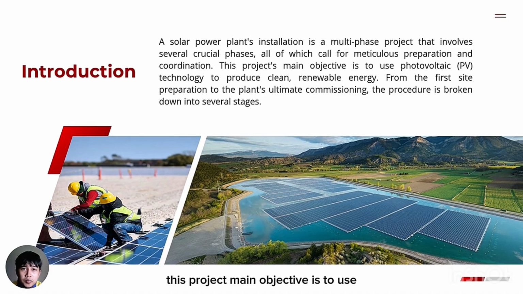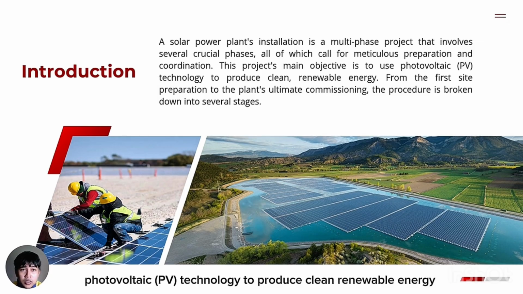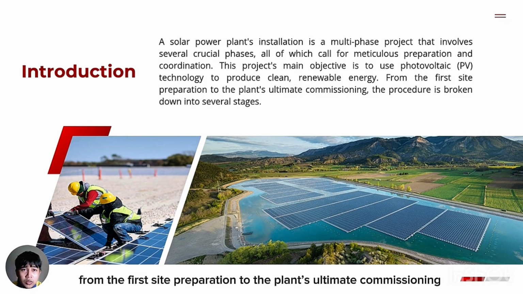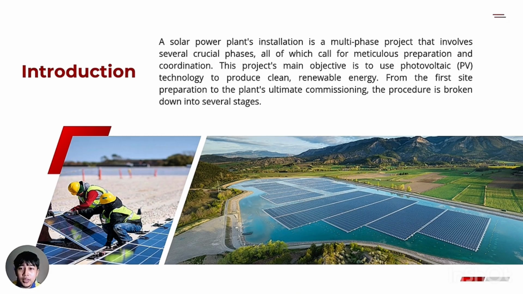This project's main objective is to use photovoltaic PV technology to produce clean renewable energy. From the first site preparation to the plant's ultimate commissioning, the procedure is broken down into several stages.